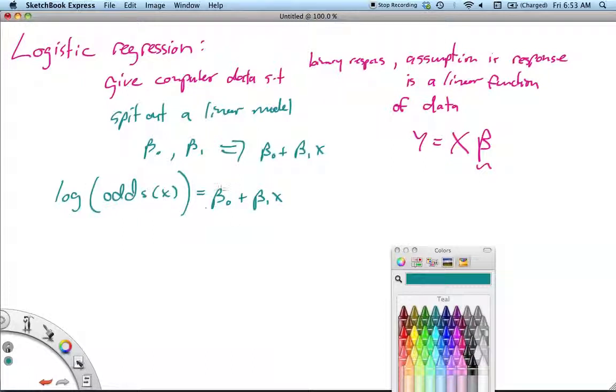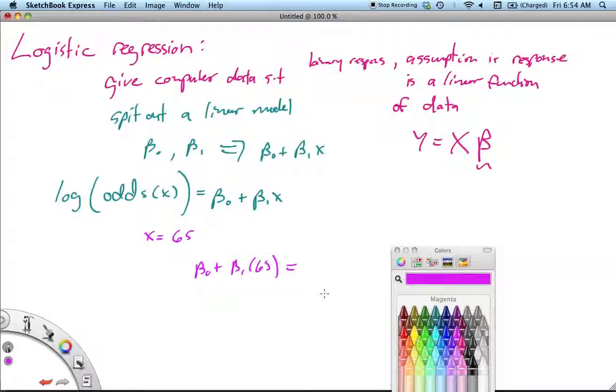Okay. And so the idea now is you're going to get these parameter estimates. From that, you can feed in an x, and you're going to get some number, right? So as an example, let's say that x equals 65. So you would get beta naught plus beta 1 times 65, which is going to be some number.